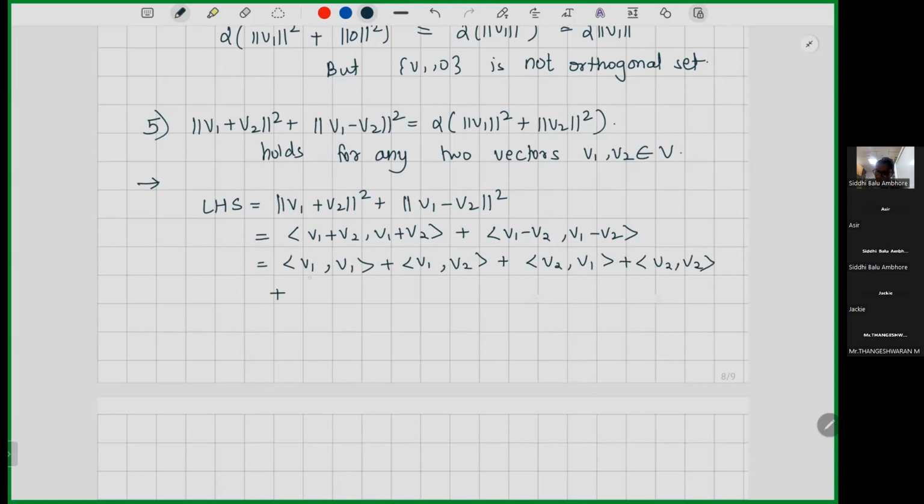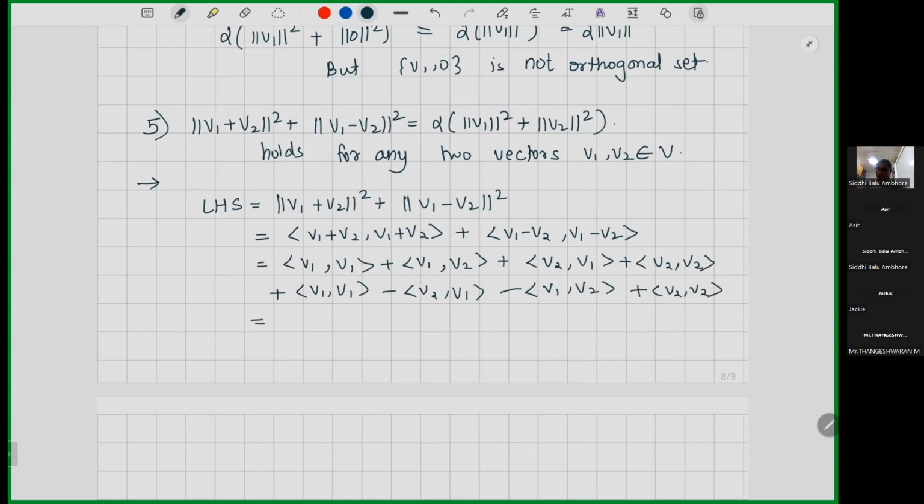So this is for the first one, and this is ⟨v1, v1⟩ plus, not plus, the minus ⟨v1, v2⟩, ⟨v1, v1⟩ plus ⟨v1, not minus v2⟩, minus minus becomes plus ⟨v2, v2⟩.